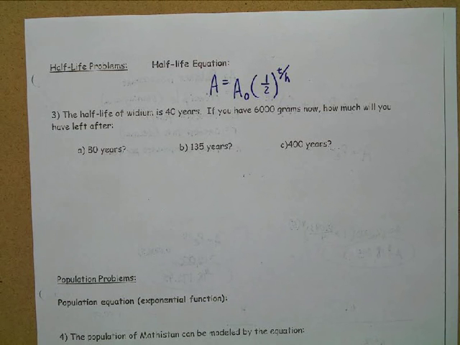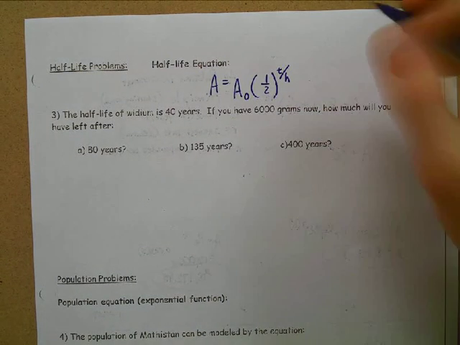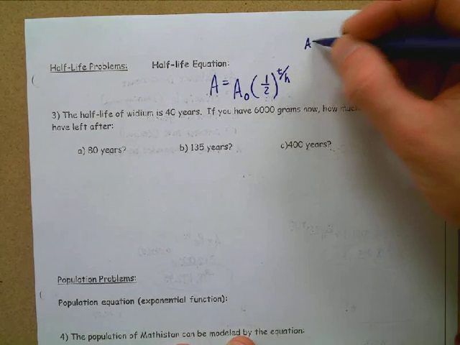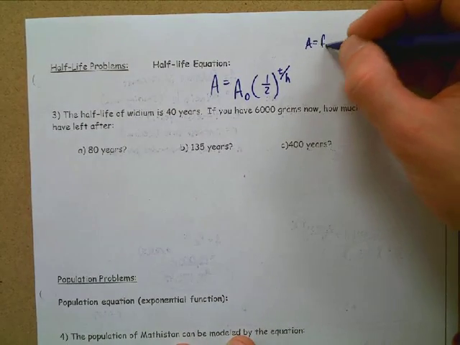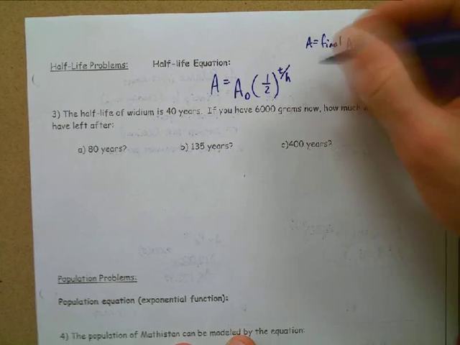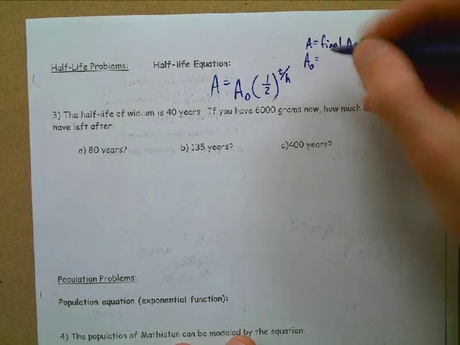A sub 0, or A naught, is the initial amount. One half, because we're taking half of the amount. T represents the time in years, and H is the half-life of this particular item in years. So I'll write that up here. A is the final amount. A sub 0 is the initial amount.